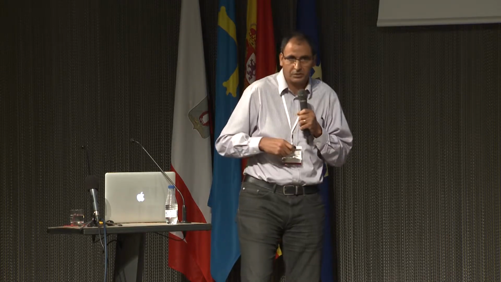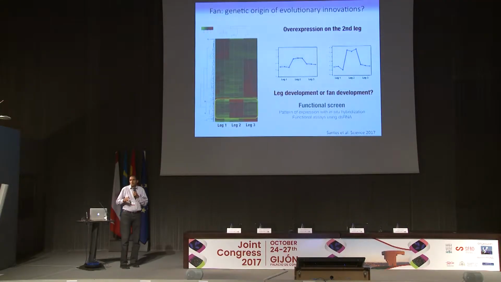Well, the question we asked is, first, how do you build such a new structure during development in these species? Most of the animals we work with, we don't have genomes, so we always resort to comparative transcriptomics. We took the three legs, first, second, and third leg.